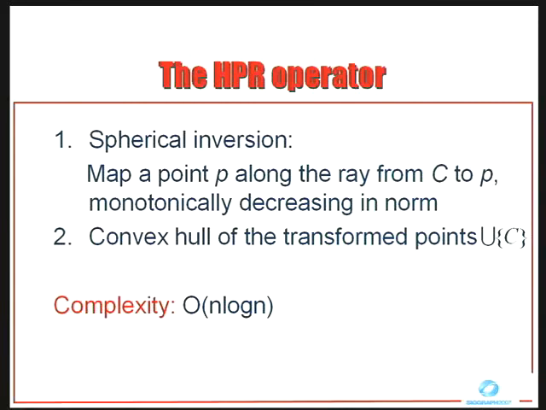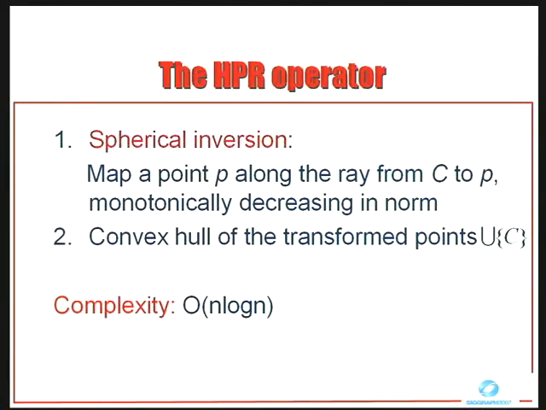The second observation is that the complexity of the operator is order of n log n in 2 and 3 dimensions. That is, the first step is linear, and the second step takes us order of n log n in 2 and 3 dimensions, but this operator can be extended to any dimension we wish, and it's going to take us as much as the construction of the convex hull in the particular dimension.